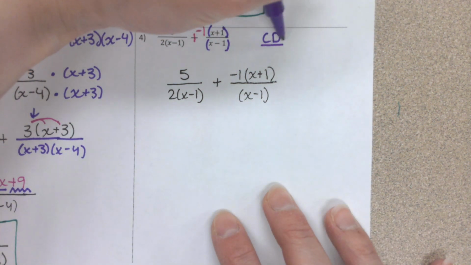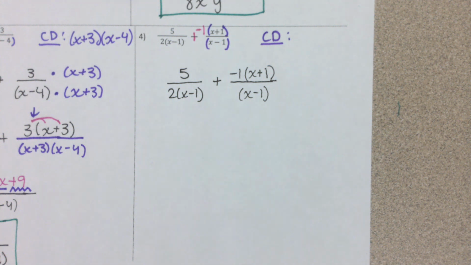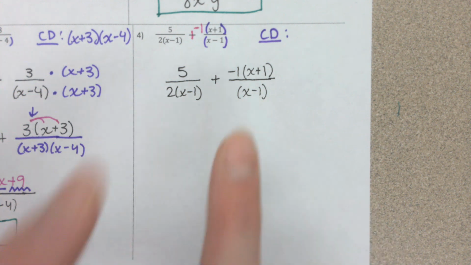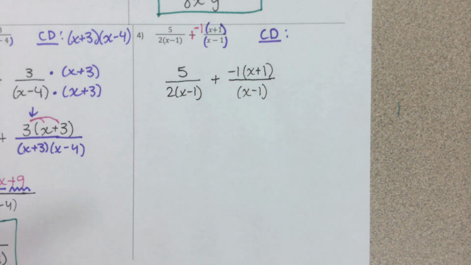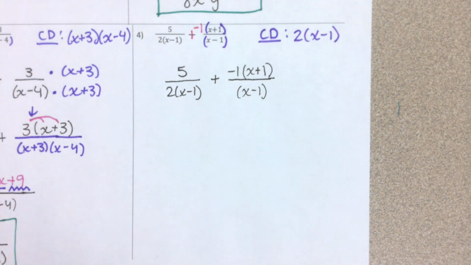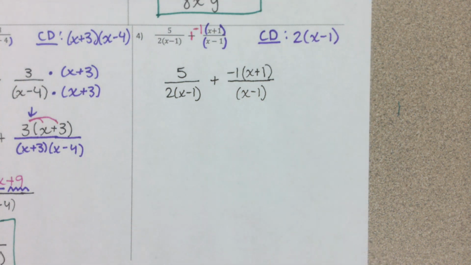Common denominator. The denominators are almost exactly the same. We're just missing a 2 on the right one. So we're going to use the left denominator, 2 times x minus 1. And then we can easily make the right fraction match.